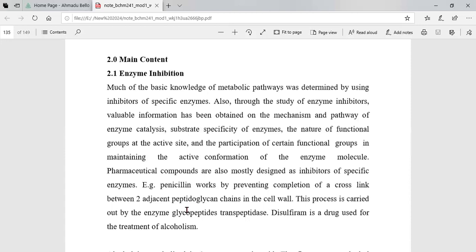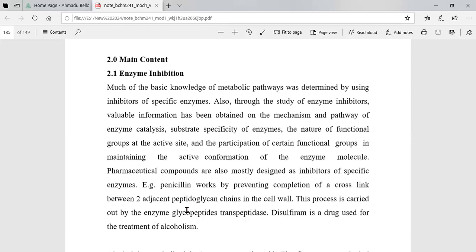For example, let's say penicillin. It works by preventing completion of cross-linking between two adjacent peptidoglycan chains in the cell wall of the bacteria. When the bacteria carry out their normal metabolic activities, they produce a peptidoglycan layer in their cell wall, which is very important in maintaining the integrity of the cell wall.